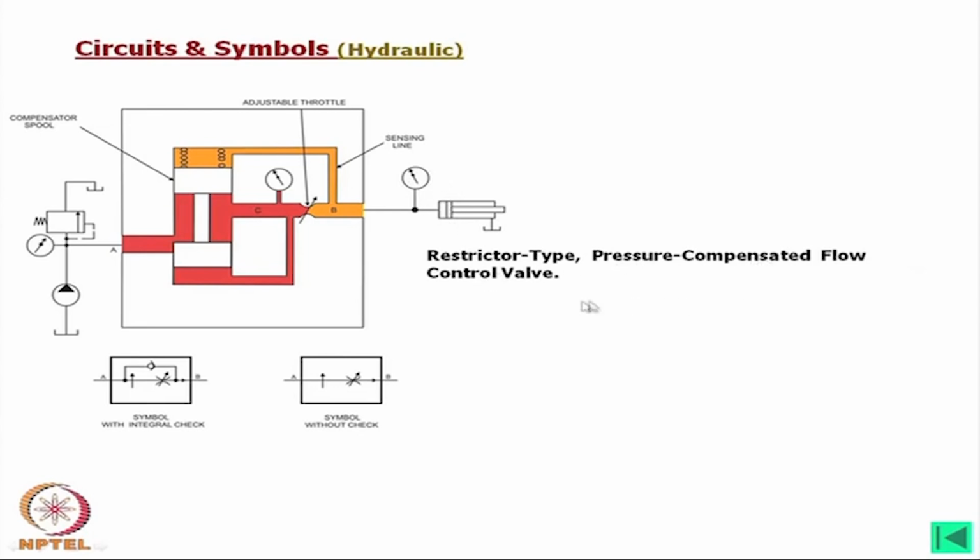We can control the flow here, and if a pressure is set, this flow will automatically be controlled. In some cases, with the increase in pressure, the flow will automatically stop.